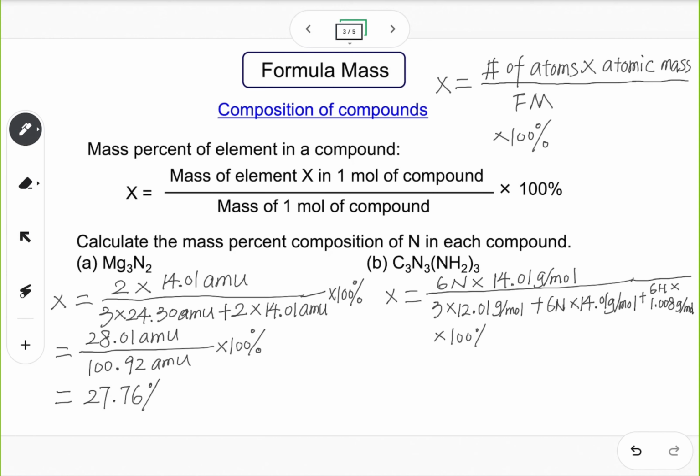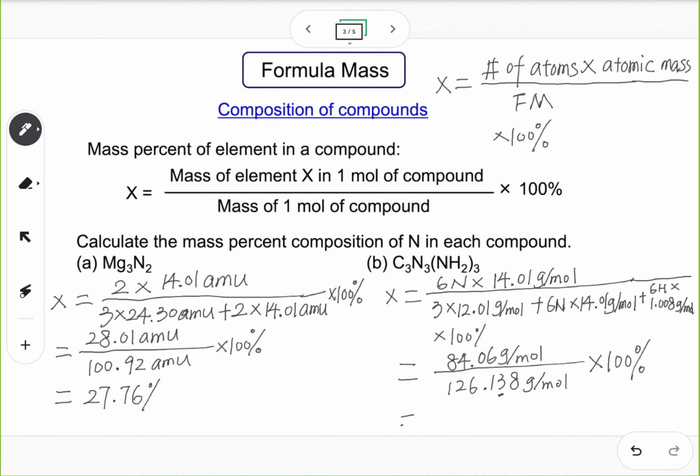All right, and then if you do the calculation, on top you have 84.06 gram per mole. At the bottom, you have 126.138 gram per mole. We're supposed to have 2 decimal places, times 100%.